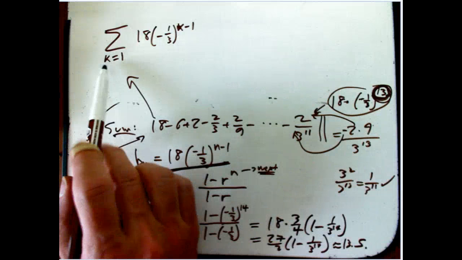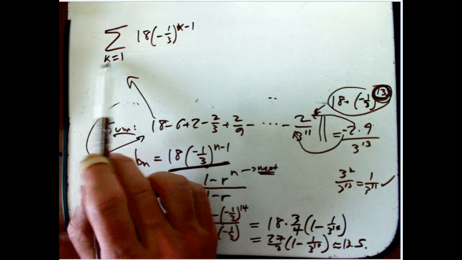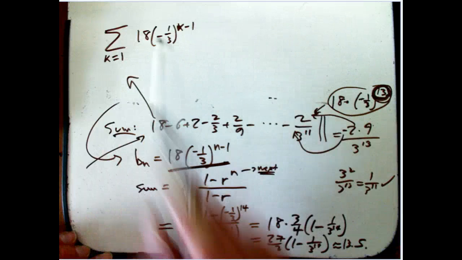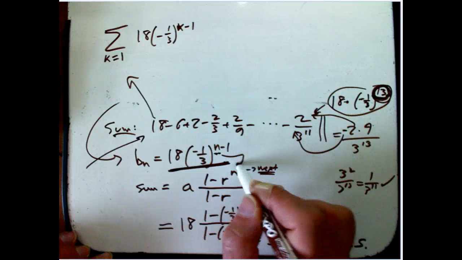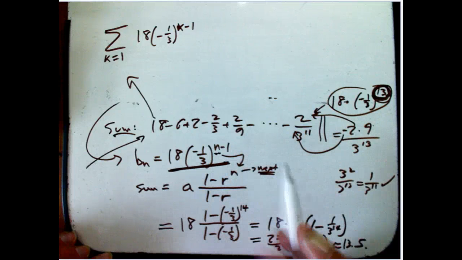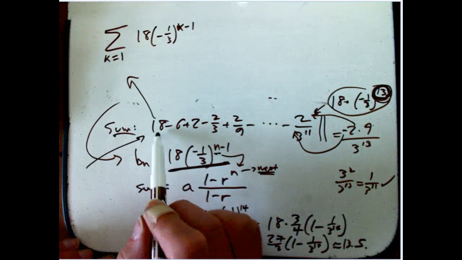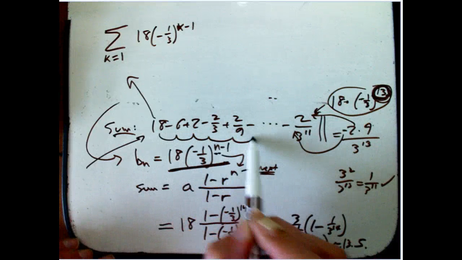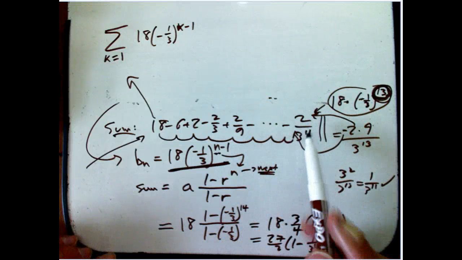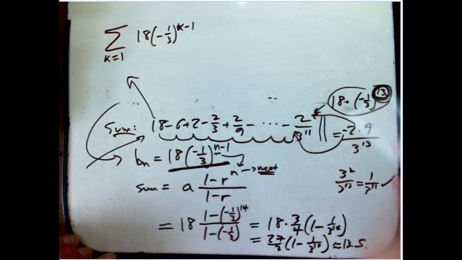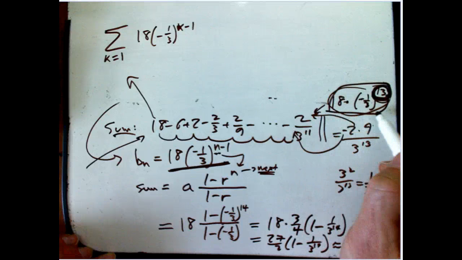I'm purposely using a different variable here because it can be nice to use a different variable for the summation variable, a kind of counter that's running while you're keeping track of the summation, and n, which you want to think of as labeling how far the actual end of the sequence is. It's a tricky thing between dummy variables, which temporarily keep track of the terms in the summation, and a variable that actually tells you where the end of your particular summation is. So what was the deal? The key thing is that that power was 13. I fit it into my standard pattern.